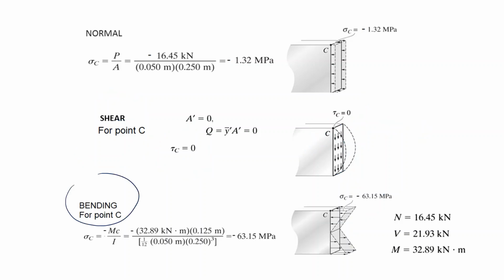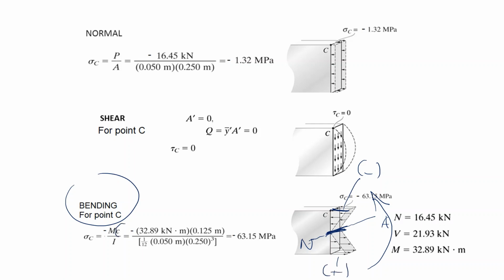Bending. I have a bending like this, and the stress distribution will look like this: the neutral axis is in the middle, the stress on the neutral axis is 0. At top we have negative, at bottom we have positive.